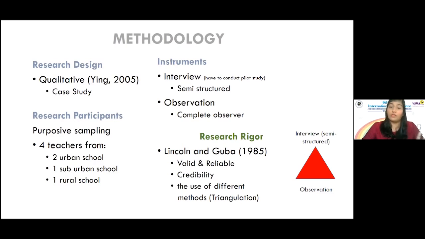Triangulation can be done by 2 methods. First is by using a large pool of sample. Unfortunately, since we are using a qualitative study, we have used different methods. So we have used interviews and observation, and we have triangulated the data that we have collected.